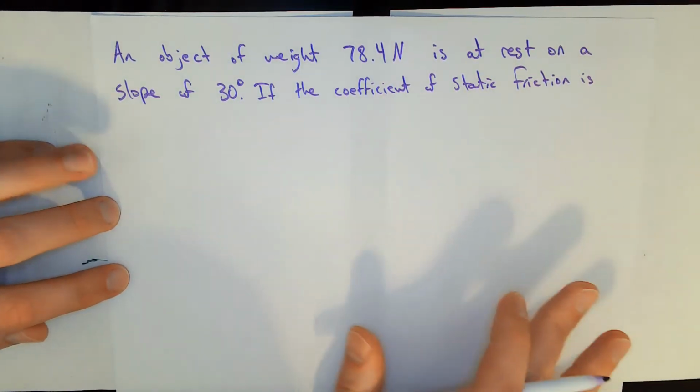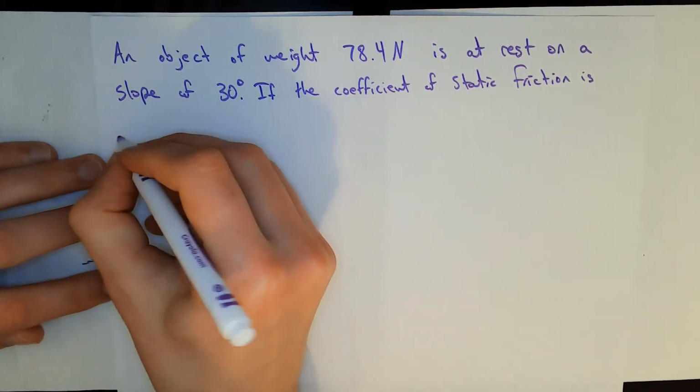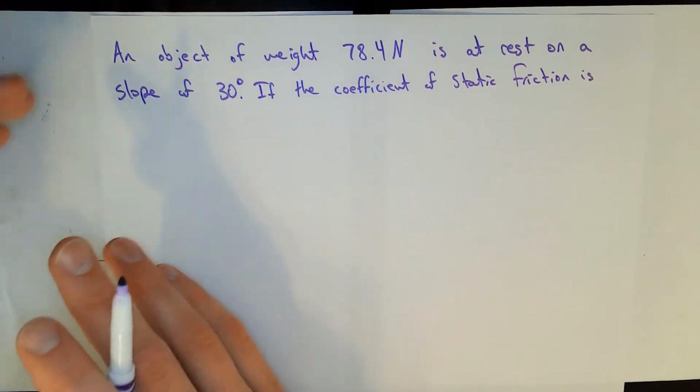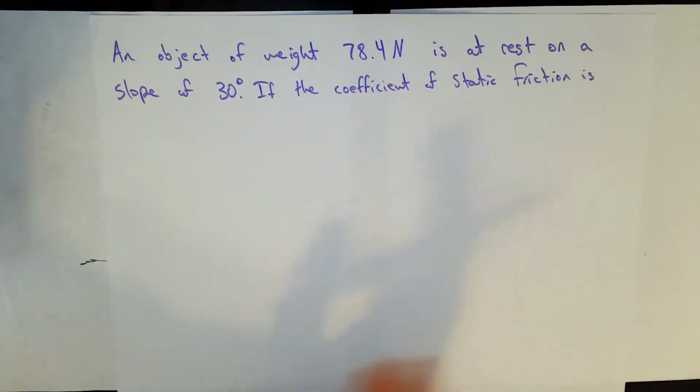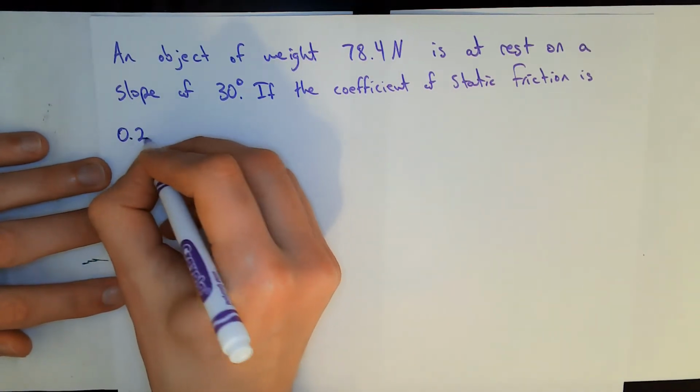It's being held in place by static friction, and let's say the coefficient of static friction is, instead of telling you the materials and asking you to find the coefficient from a table, I'm just going to make up some coefficient of static friction, and we'll say it's 0.25.